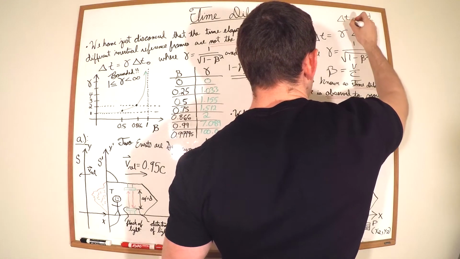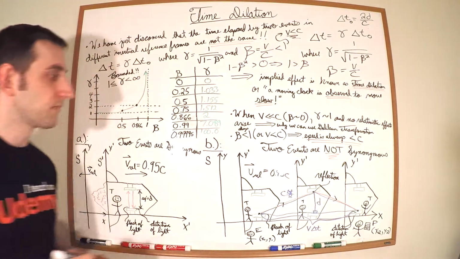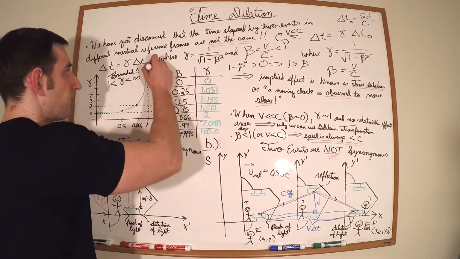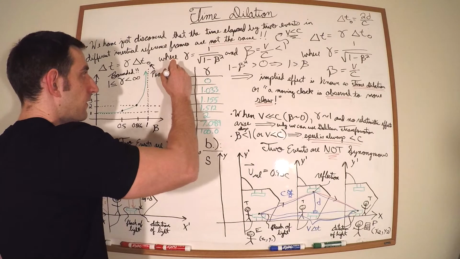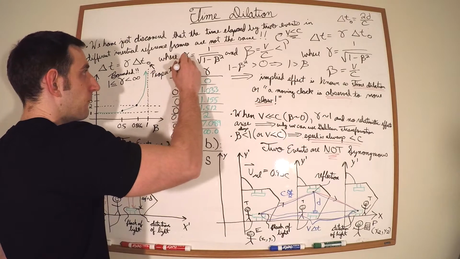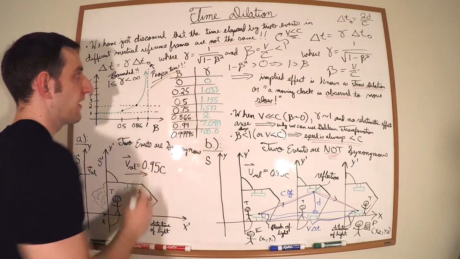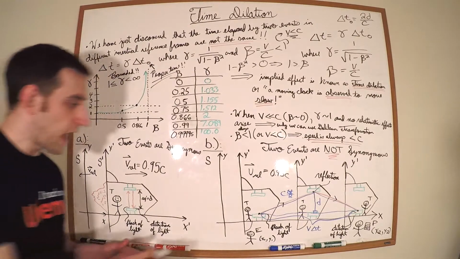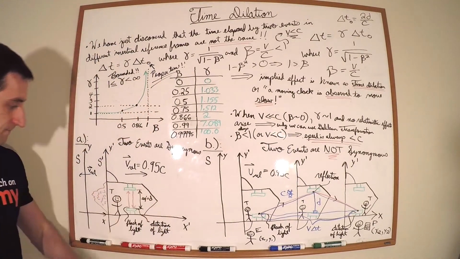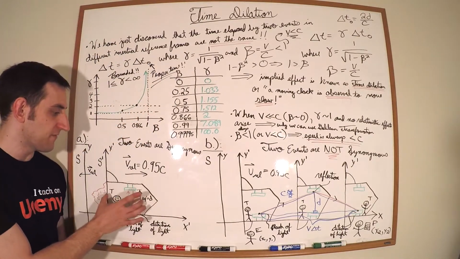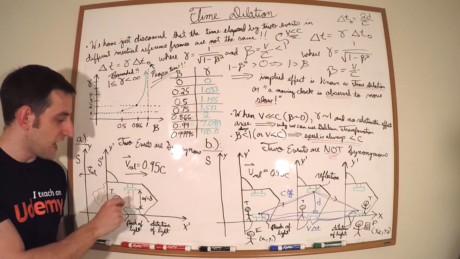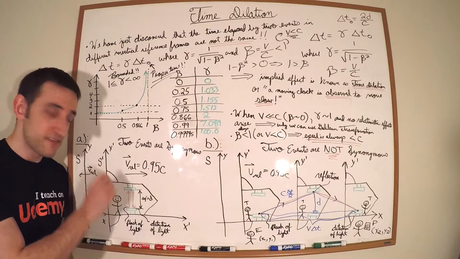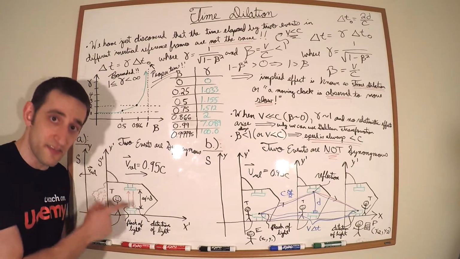So this is proper time. Very important. Proper time, again, is the time in the reference frame that is moving, or what is more important, it is the time as measured by somebody where the two events occur in the same place.